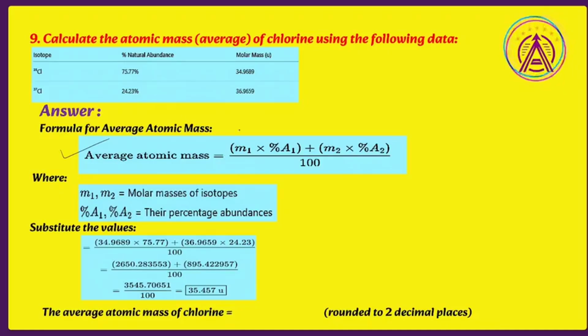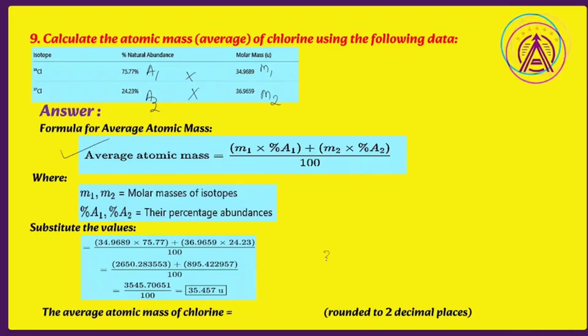So if I use the formula and just substitute the values, I get 34.9689 into 75.77 plus 36.9659 into 24.23. So here this is M1, this is A1, this is A2, this is M2. Divided by 100. On substituting the values, I get 35.457 u.